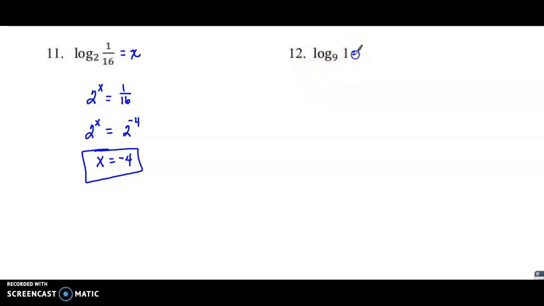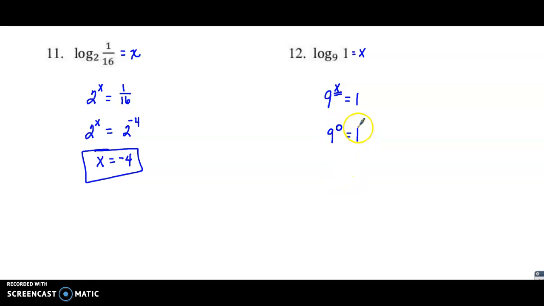And lastly, if I set this equal to x, base of 9 raised to this power is equal to 1. Now this is one of those we just have to remember our rules, things that we know about exponents. I know anything and everything is equal to 1 if my exponent is what? Yes, if my exponent is a 0.